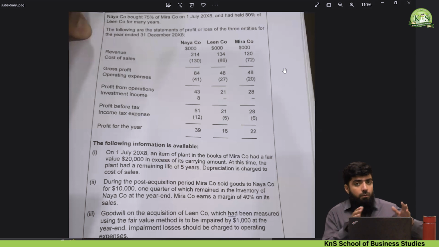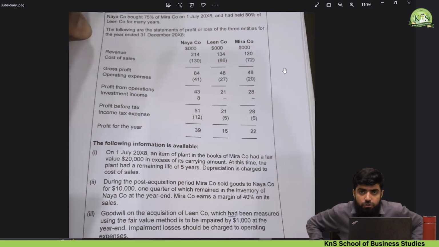How will the financial statements be consolidated? First, keep in mind that with multiple subsidiaries no major changes arise. We will apply all the aspects of consolidation which we applied in a single subsidiary case.